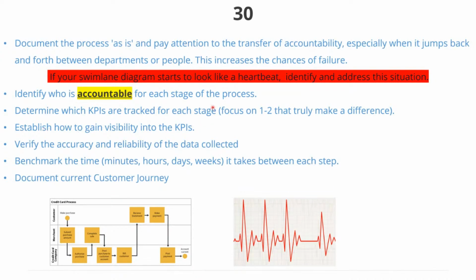Because they might all have wonderful KPIs and they're all on track. If you don't know about it, you can't act on it, right? The other part is verify the accuracy. By that I don't mean fake data, right? Fake numbers. I mean, for argument's sake, say you have a Google Doc.